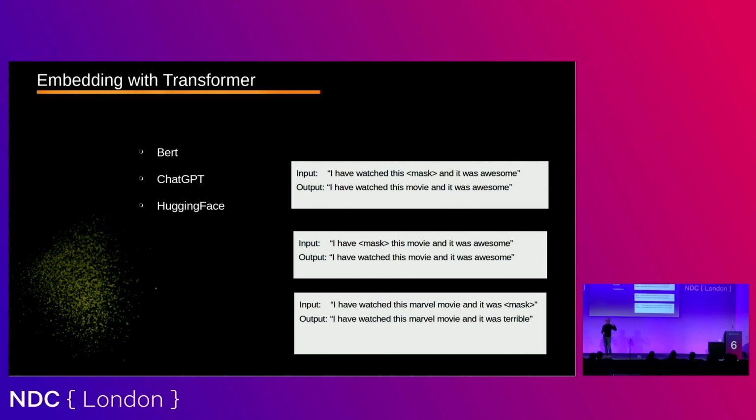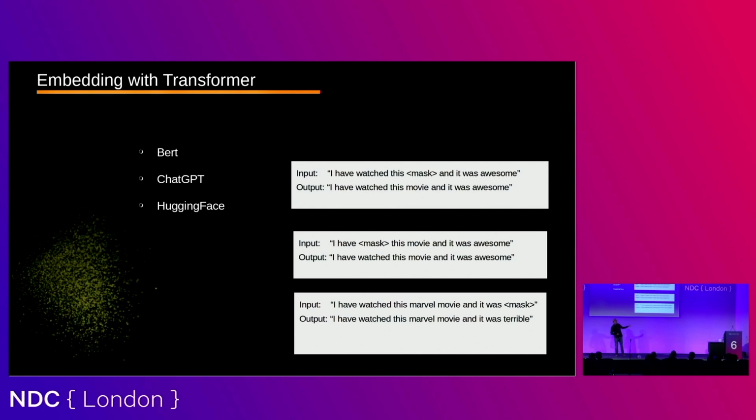We will not mask one word, but 15% of the words or something like this. The machine learning model will learn over all iterations how to fill in the word. It will learn that in the sentence, I've watched this movie, it was awesome, the word very likely in this context will be movie. And if you learn at the end, I watched this Marvel movie, it was terrible... no, I was just kidding.